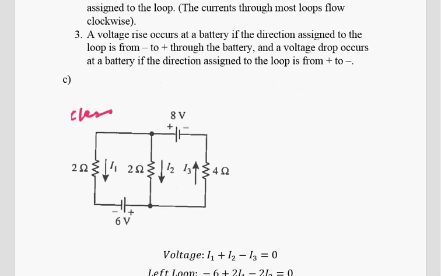So if you take this node down here at the bottom by this 6-volt battery, I'm going to look in terms of the voltage being applied to all of the resistors. It's resistor 1, 2, and 3. If I look at this node down here, resistance 1 and 2 are flowing in with respect to this node, but resistor 3 is going out.